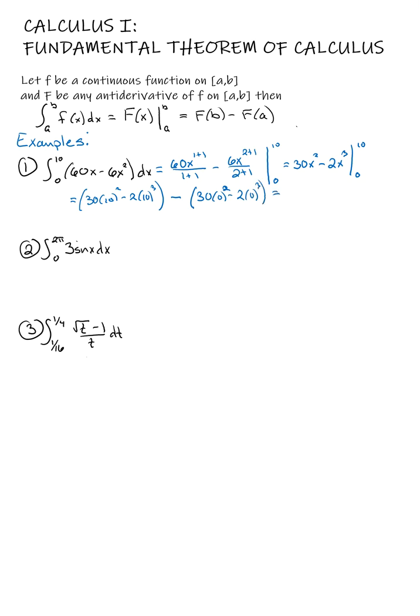Be careful with those positives and negatives. If we simplify this out, let's see, what is that? 30 times 100 minus 2 times 1,000.